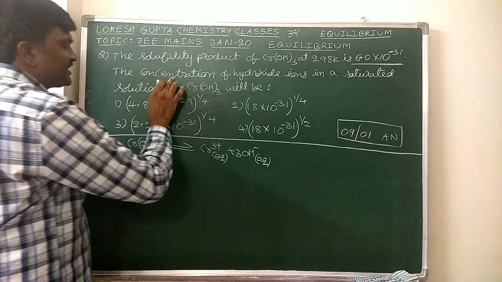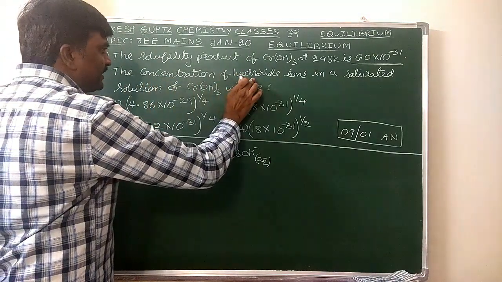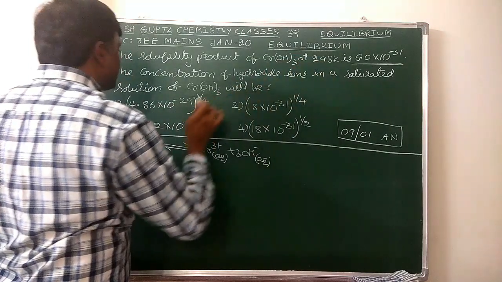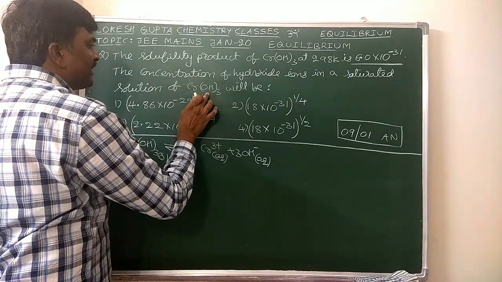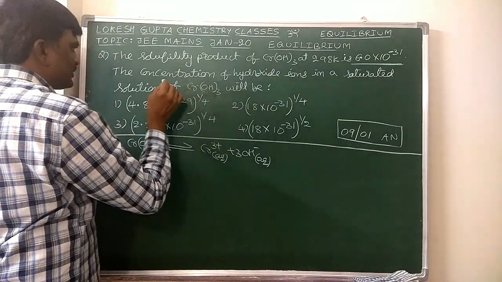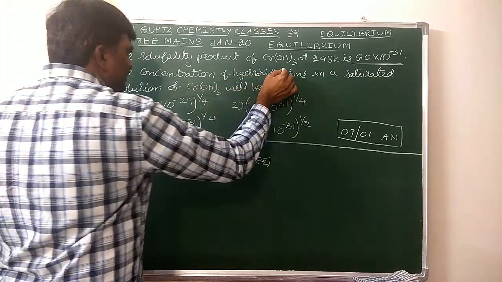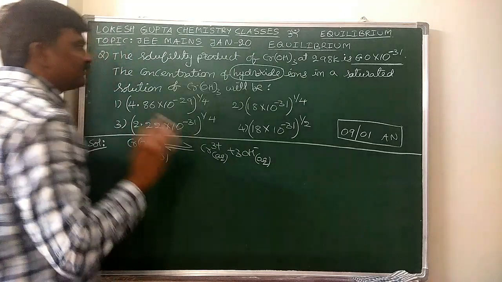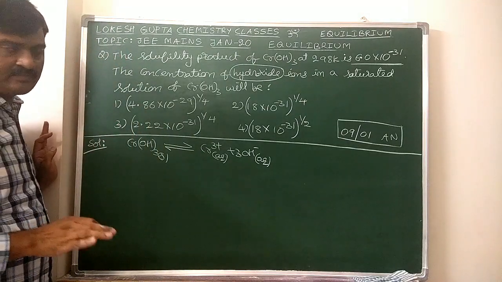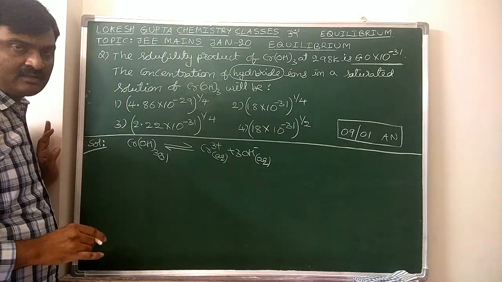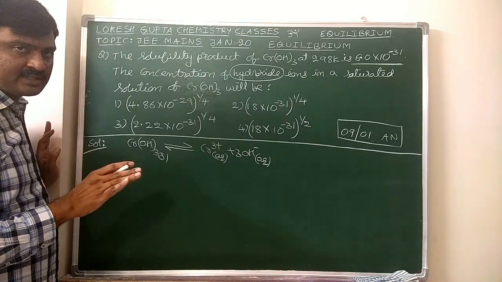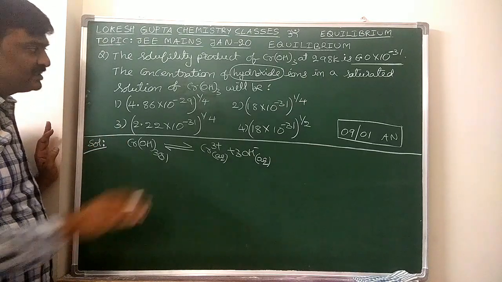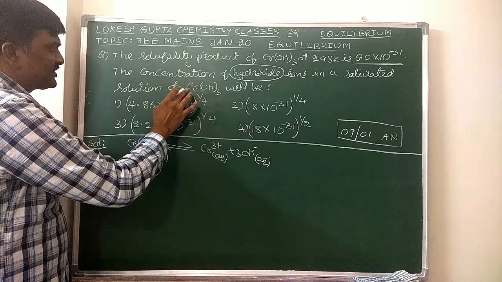The concentration of hydroxide ions in a saturated solution of chromium hydroxide will be. So in this solution, what do we have to calculate? The concentration of hydroxide ions, OH- ions, we have to calculate. Ksp is given.